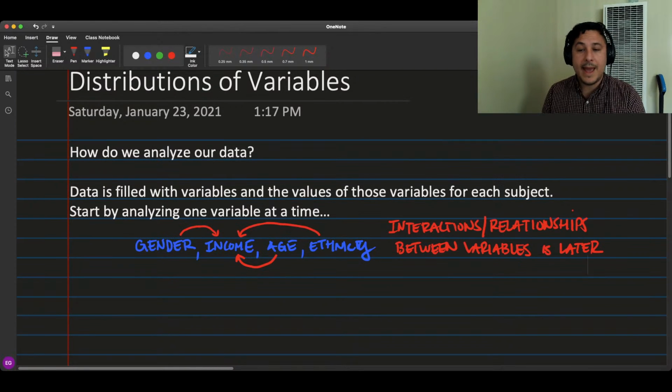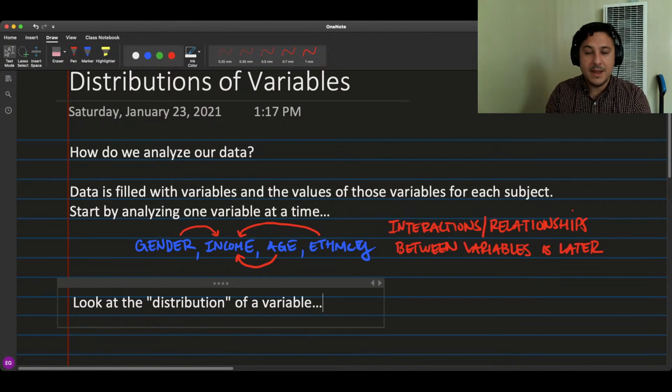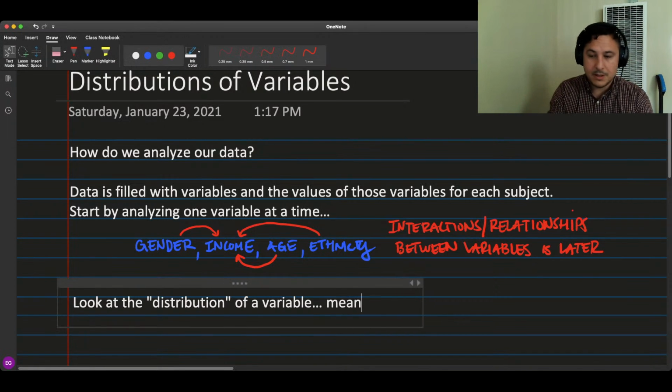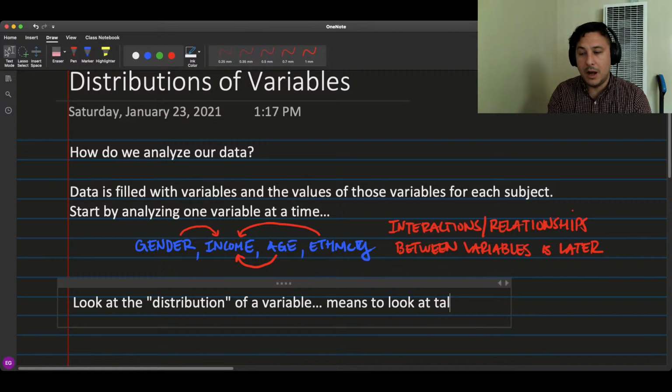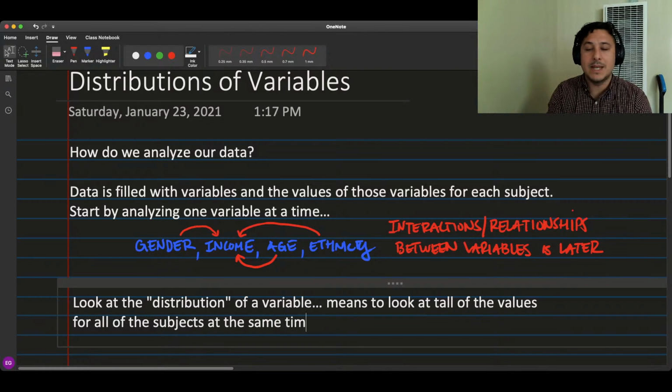So when you analyze one variable at a time, what we're going to do is look at the distribution of a variable. Looking at the distribution of a variable means looking at all of the values for all of the subjects at the same time, so to speak.